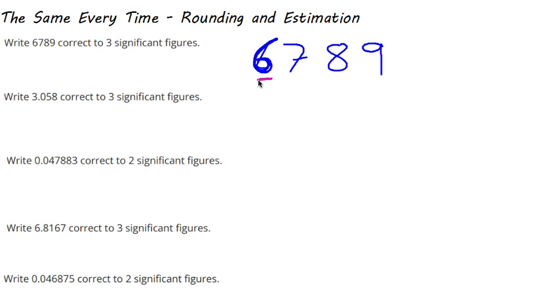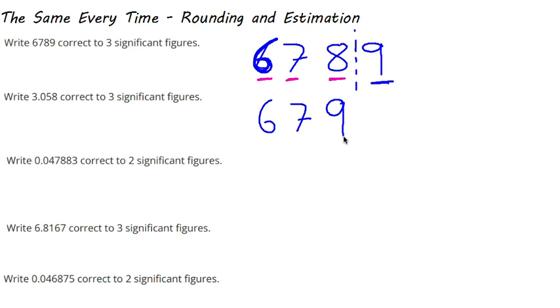So there's my first significant figure, my second significant figure, my third significant figure. So there's my cutoff point. I look at the next number and I ask myself, is it a 5, 6, 7, 8 or 9? Yes, it is. So that tells me to round up. So I round the 8 up to a 9.